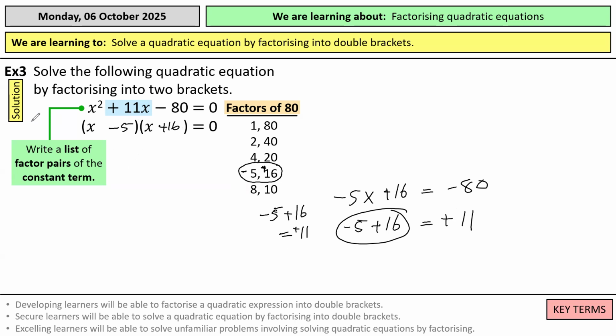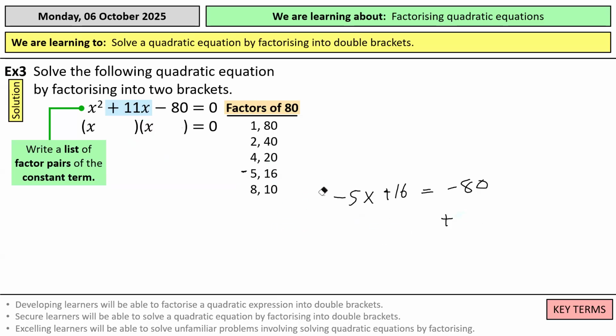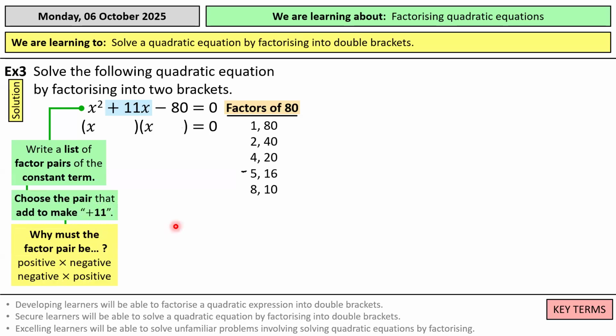So we write positive 16 and negative 5 in the brackets: x plus 16 and x minus 5.